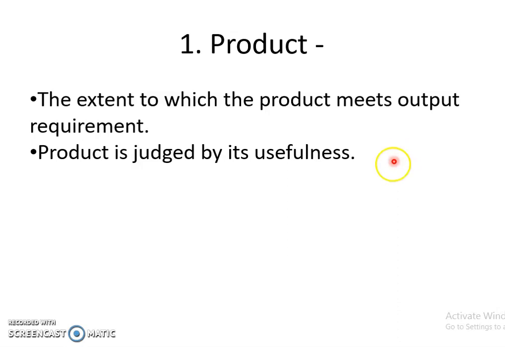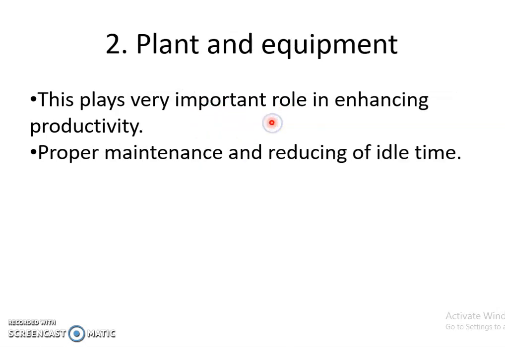Also, failure analysis can bring out many product design changes to improve the productivity. The product meets the output requirement, and the product is judged by its usefulness. The designer is successful when the product meets the customer requirements and the customer is happy while using it. So product design is an important factor which influences the productivity.